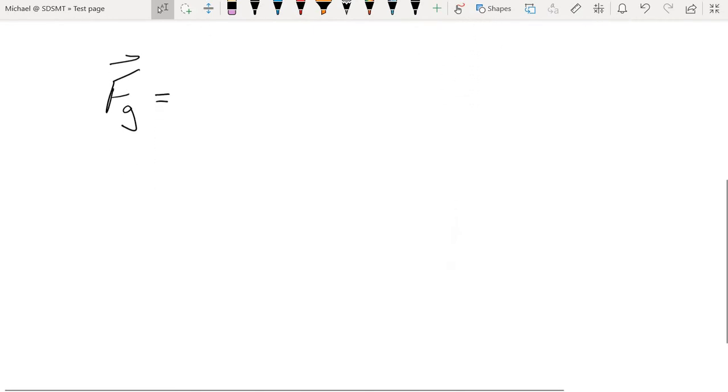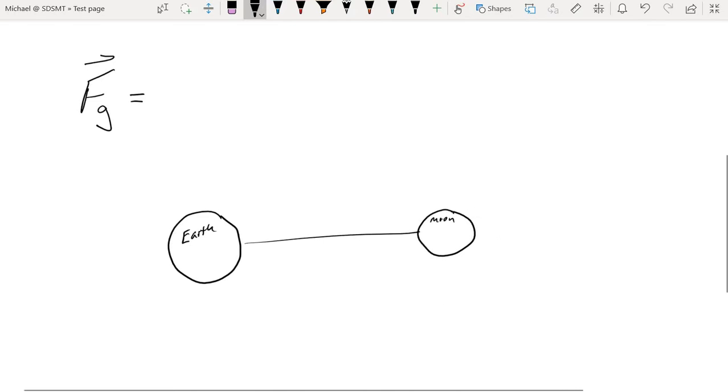What Newton found out was that if you had two objects out in space, like maybe the Earth and the Moon, so here's the Earth and the Moon, there was a certain amount of gravitational attraction or gravitational force acting between these two objects.